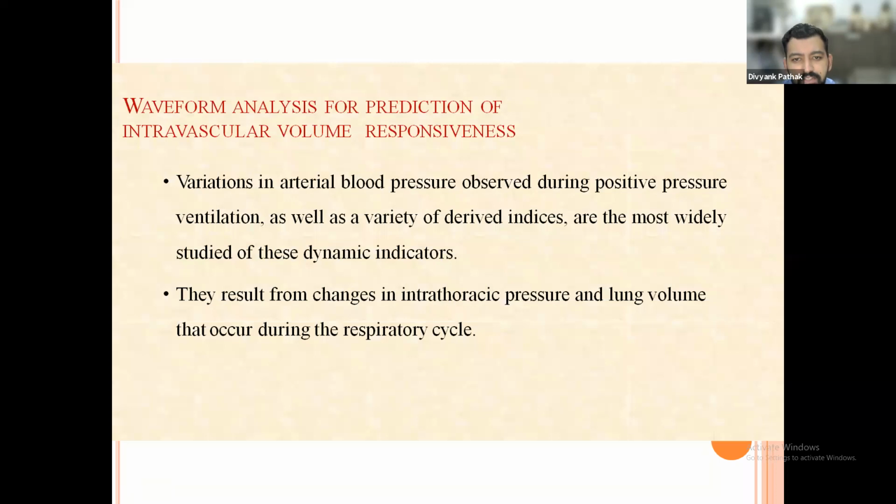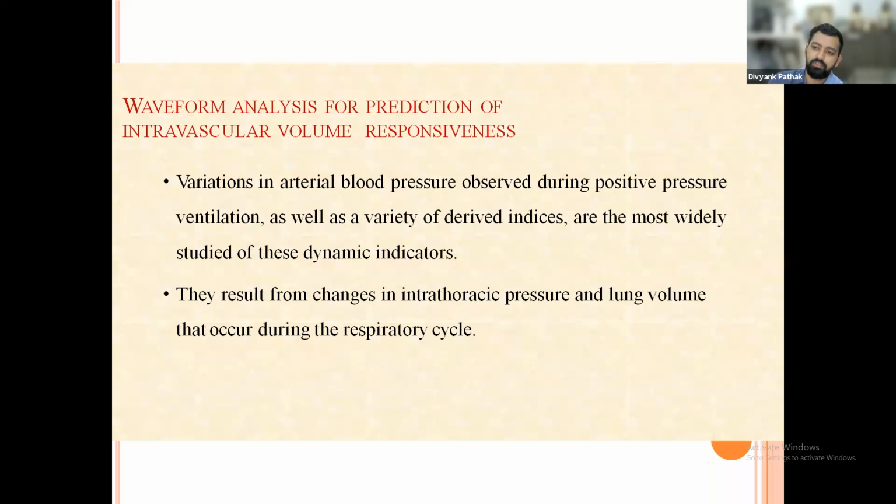Now, waveform analysis for prediction of intravascular volume responsiveness. This is one of the most important uses of the intra-arterial waveform during pediatric intensive care. The variation in arterial blood pressure observed during positive pressure ventilation, as well as a variety of derived indices, are the most widely studied of these dynamic indicators. They result from changes in intrathoracic pressure and lung volume that occur during the respiratory cycle.